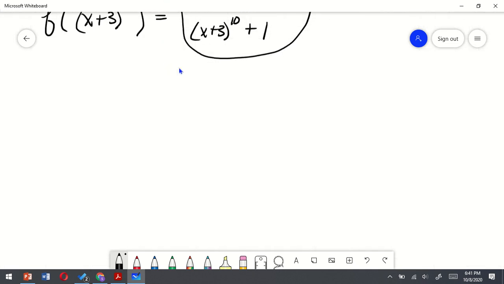The last thing I want to talk about in this video is an application for composition of functions. There's a bunch of application problems at the end of this section in the exercises, and some of them will be in the assigned homework.